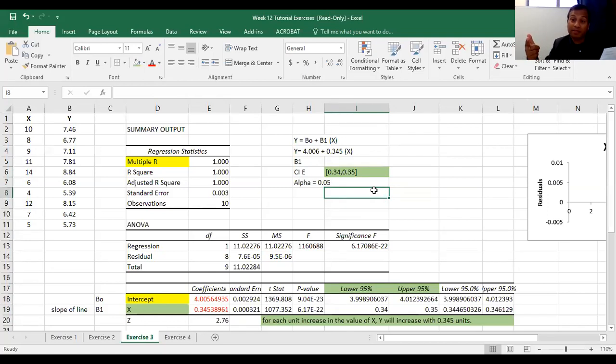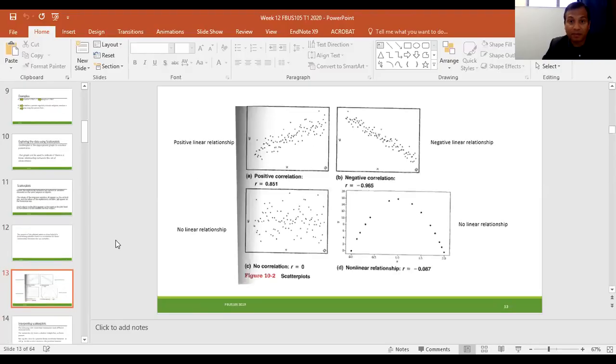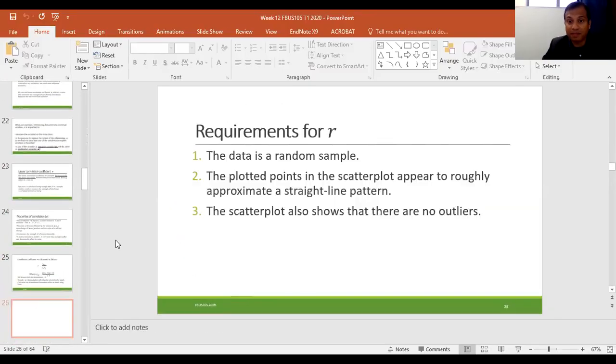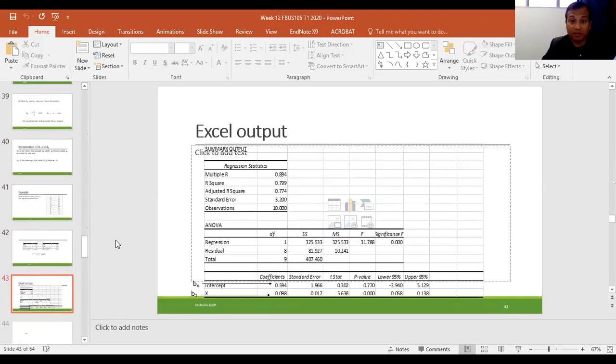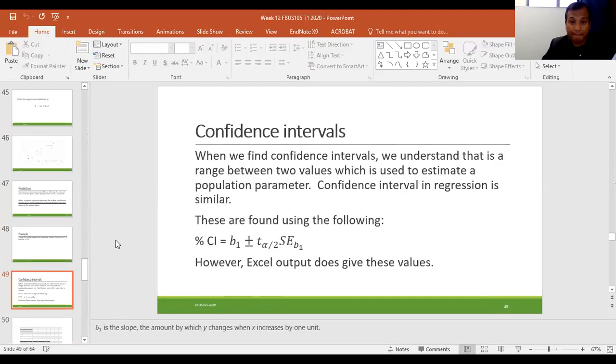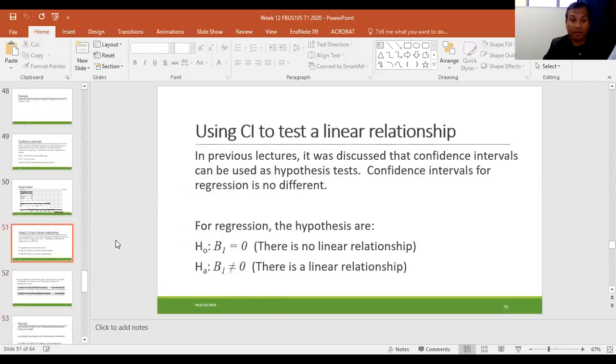What is the null hypothesis? There is no relationship. What is the alternative hypothesis? There is a relationship. Are you able to understand or not? I should take you to the slide. You should keep in mind these assumptions, which are very, very important. We are talking about the slope b1 here.